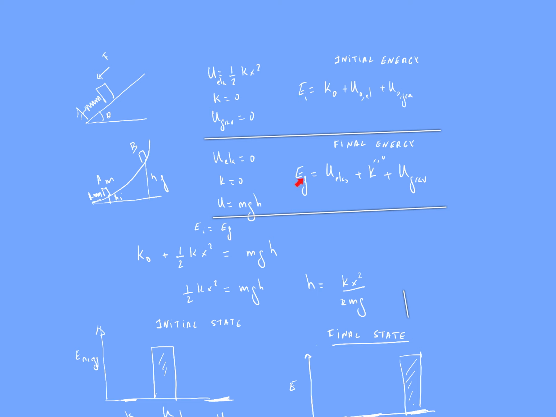The final mechanical energy is the same: the K final plus the potential energy due to the elastic spring, and the potential energy due to gravitation, the force mg. So each term has an expression. The U elastic is 1/2 kx squared.